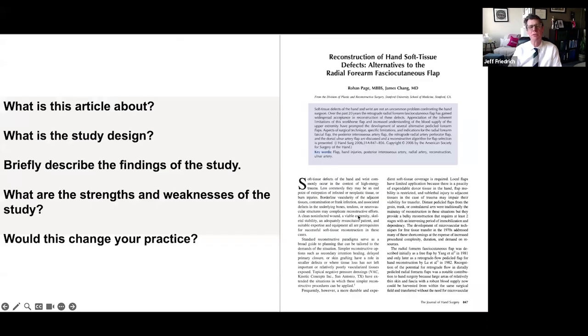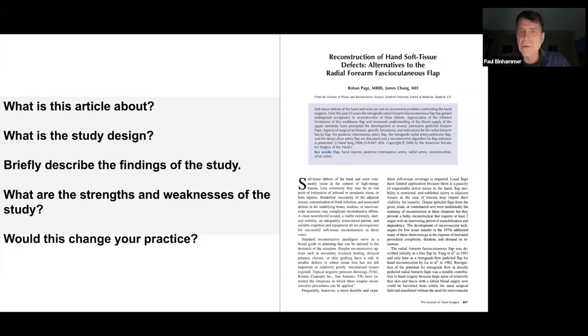This somewhat similar article is from Drs. Page and Chang. Any thoughts on this one? So this is a great article because it talks to you about the flaps, tells you their advantages and disadvantages, and gives you some heads up about challenges.